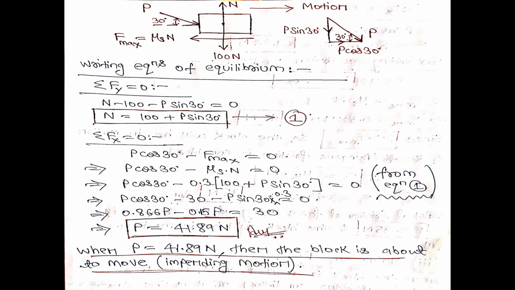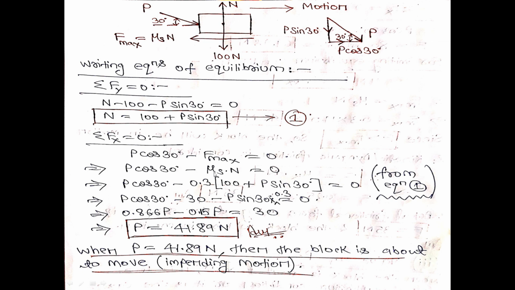P I need to find out, N I don't know, so I have to use the equations of equilibrium along the y axis. Summation Fy equal to 0 gives plus N minus P sin 30 minus 100 equal to 0. That is, N is equal to 100 plus P sin 30, which is equation number 1.